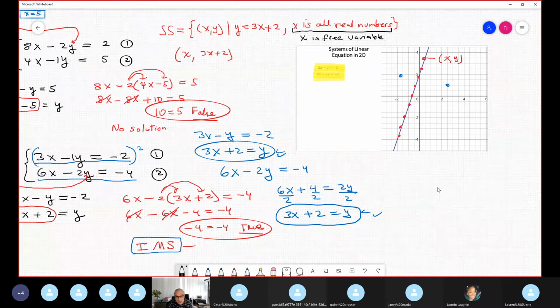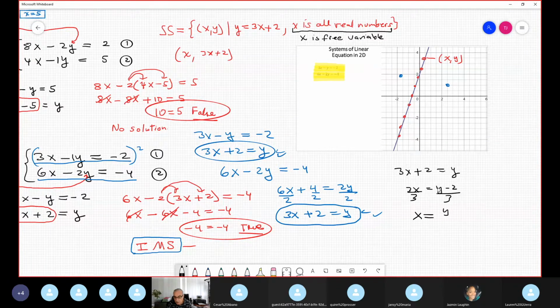No. You can choose otherwise. Another student says, no, professor, I don't like this. For example, I take 3x plus 2 equal y. You solve for x. Entonces 3x is equal to y minus 2, divided by 3, and x is equal to (y minus 2) over 3. We can express the same idea in a different way.